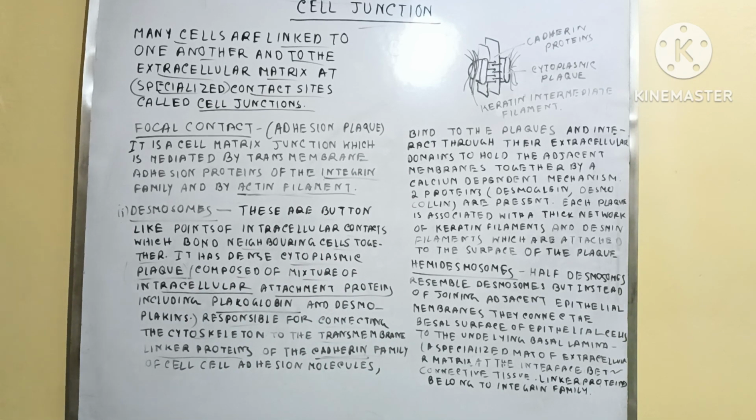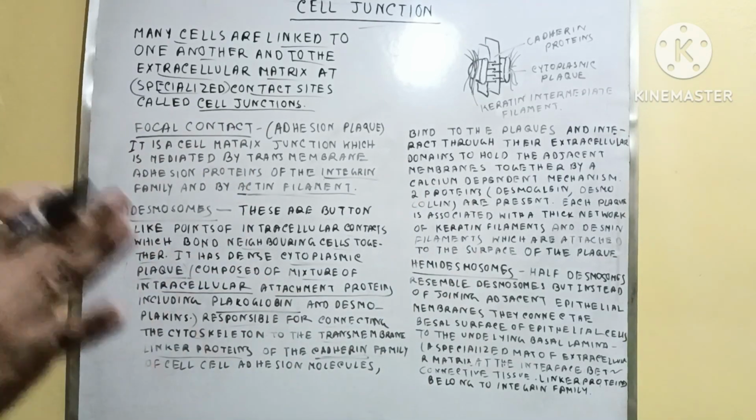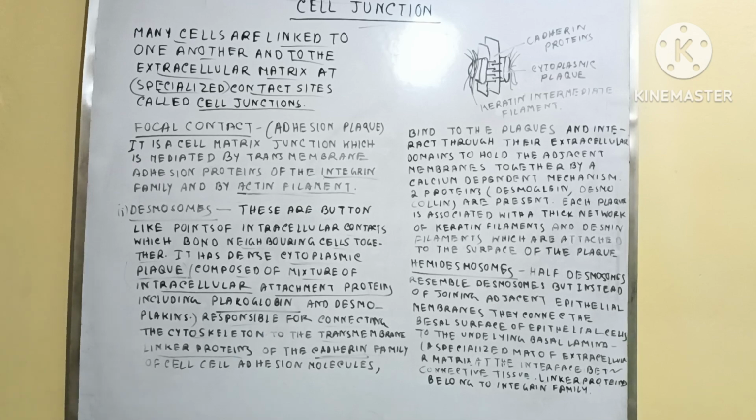There are two or more cells, and the membranes of those cells are attached to each other by these junctions, and here one mechanism is maintained, that is the calcium dependent mechanism. That means the total mechanism is totally dependent on calcium molecules.